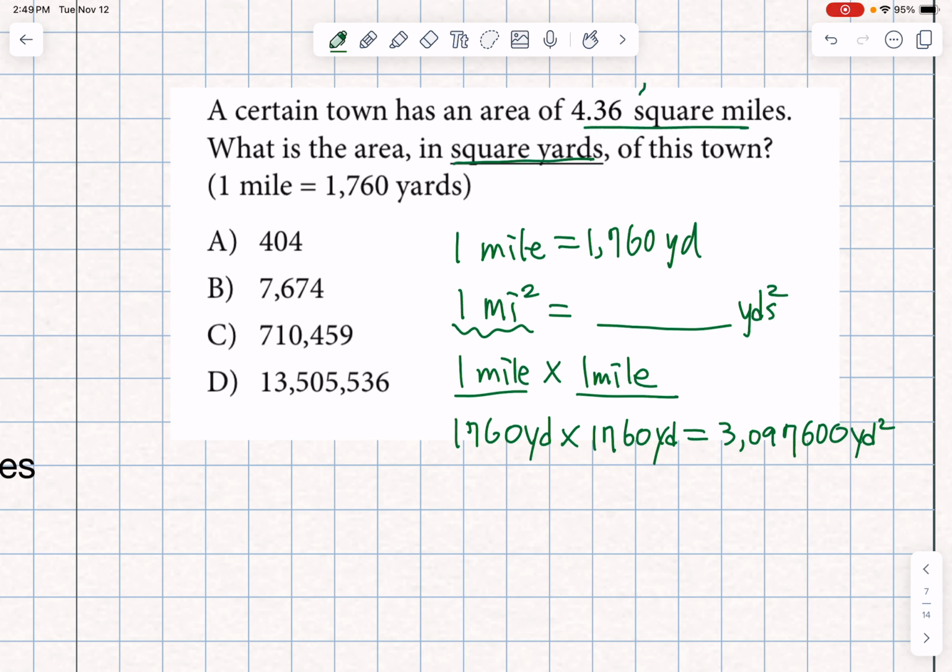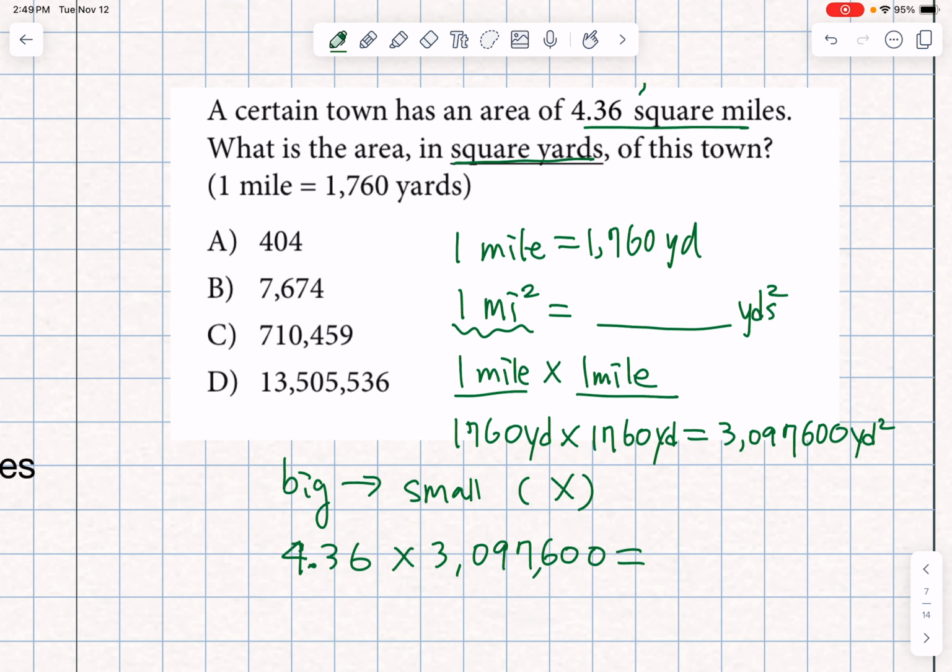So they want to change a big unit to the small unit, then you have to multiply. So 4.36 square miles multiplied by 3,097,600.